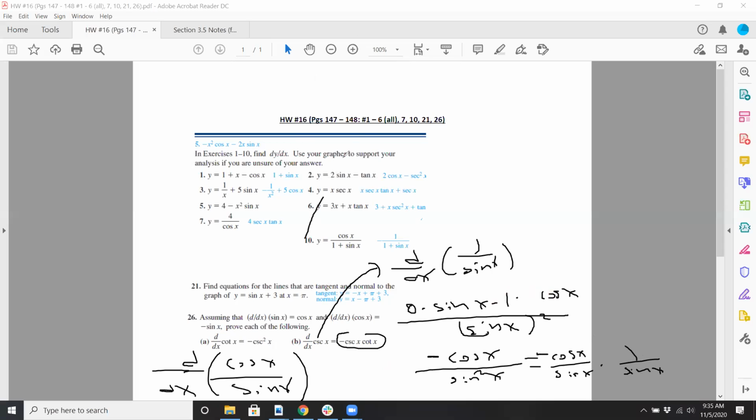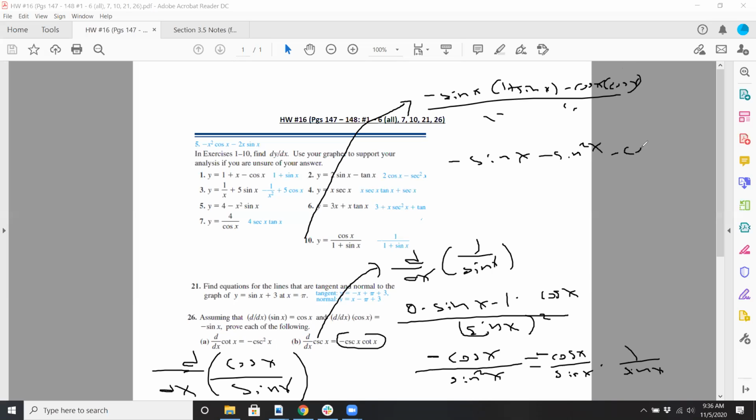Now coming back to 10 again. Remember, I did the derivative of the top, which is negative sine x, times 1 plus sine x, minus the top, cos x, times the derivative of the bottom, which is going to be cos x. So what happens is that you have a bunch of negatives up top, and you have that chunk down below. Negative sine x, negative sine squared x, and negative cosine squared x.